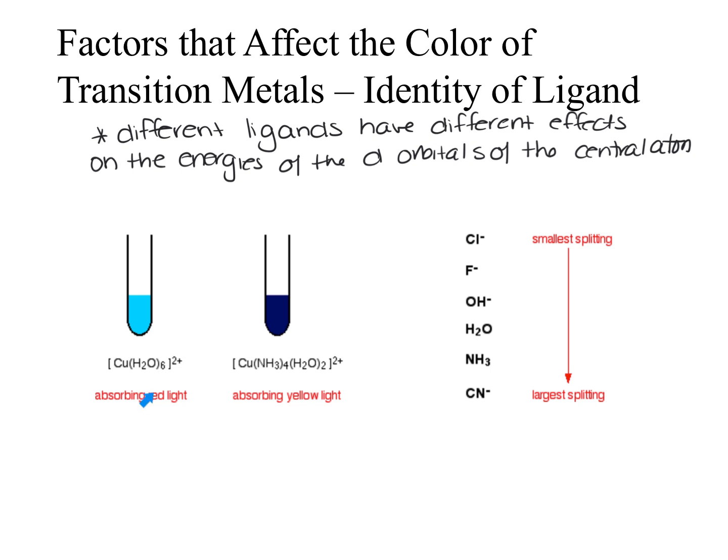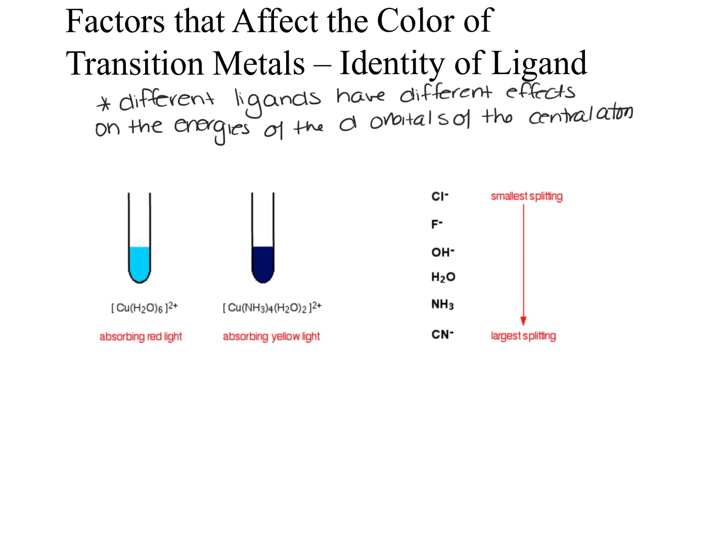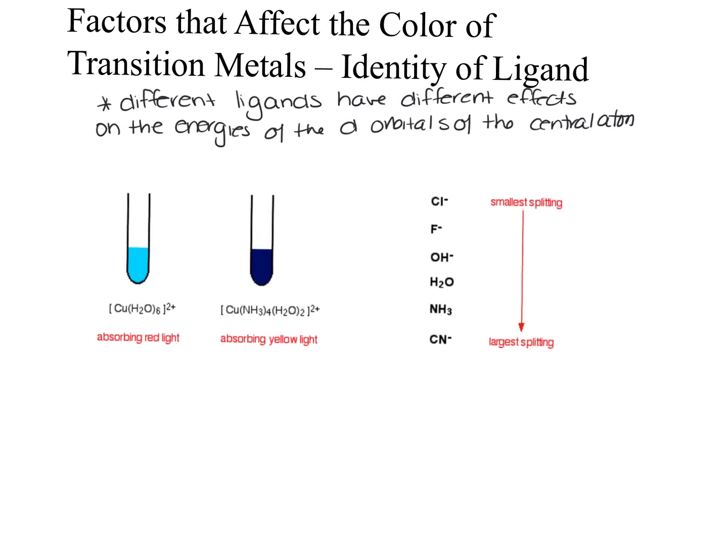So some ligands have really strong electrical fields that cause a large energy gap, okay? And others have really weak fields that produce a smaller gap. And so the size of the gap between the d orbitals is what determines the color that we see, that wavelength of light that's going to be absorbed.